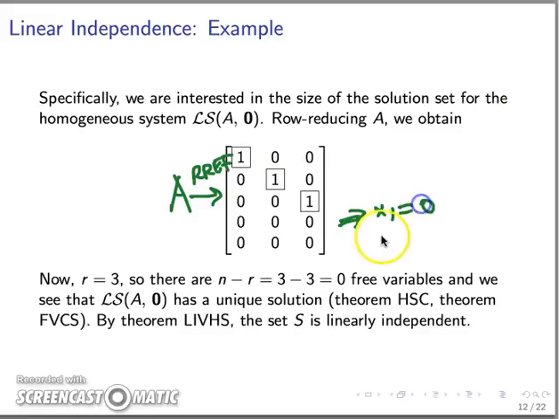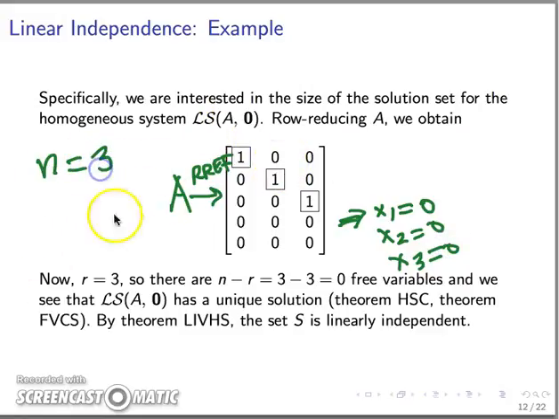This is the matrix of coefficients row reducing to this matrix, and this implies that indeed x1 equals 0, x2 equals 0, and x3 equals 0, being that in this case the number of columns of the matrix is 3, the number of non-zero rows in the RREF is also 3, and so here n minus r, they match each other, and we find that the only solution here is the trivial solution.